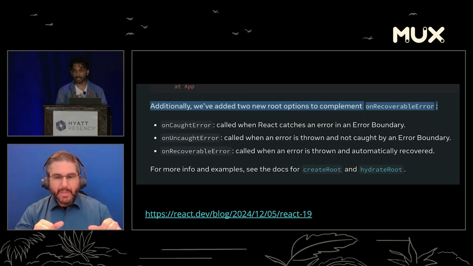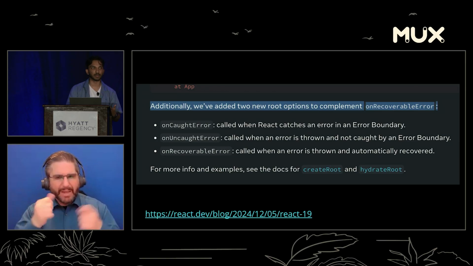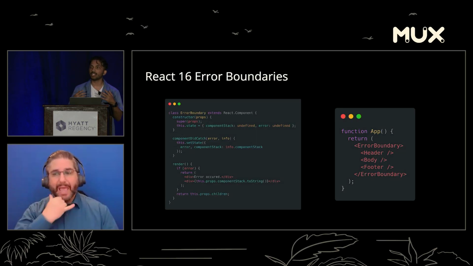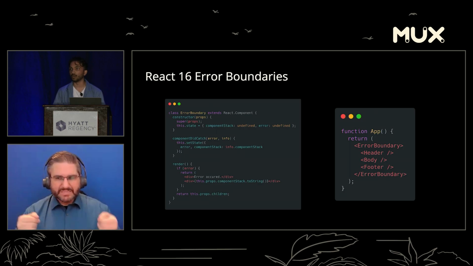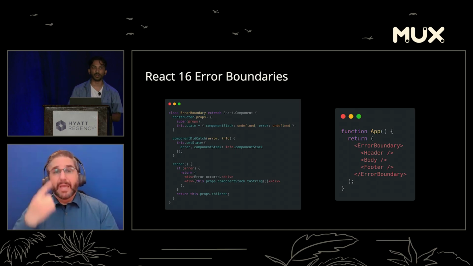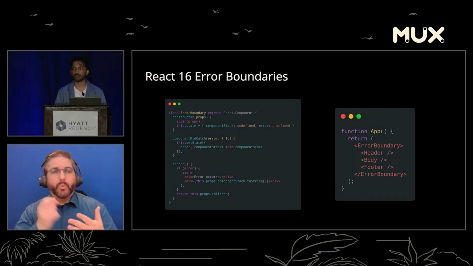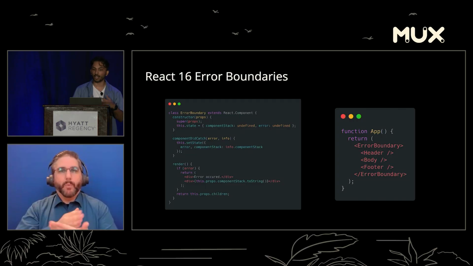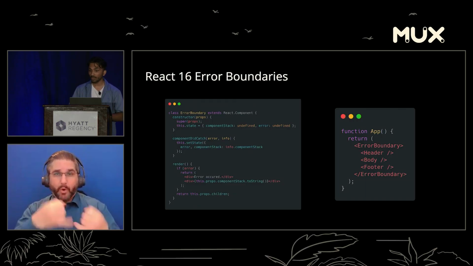But before we dive more deeply into this, let's think about how error handling typically worked for the longest time. In React 16, they introduced error boundaries, which you can think of as try-catch statements for your components. So when components render and they hit some kind of error, like if an error gets thrown or you're trying to access something on an object that doesn't exist, the componentDidCatch lifecycle for your error boundary component will trigger.